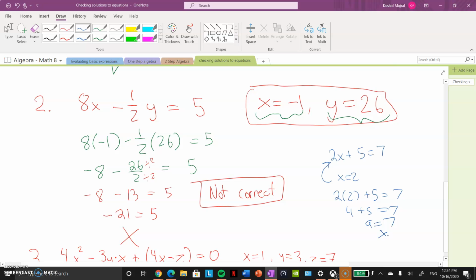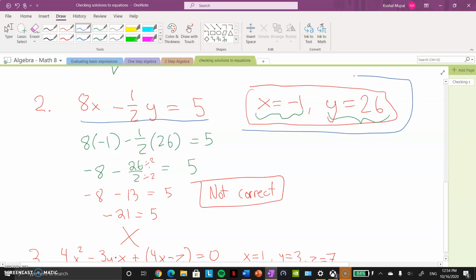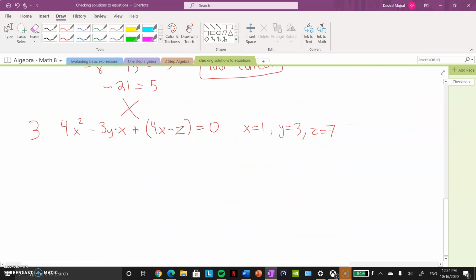This is not correct, which means you made a mistake somewhere in your work. So for something like this, you're just going to say it's not correct, because whoever made the question gave you these statements, and these statements are incorrect. X does not equal negative 1, y does not equal 26, so it's not correct.